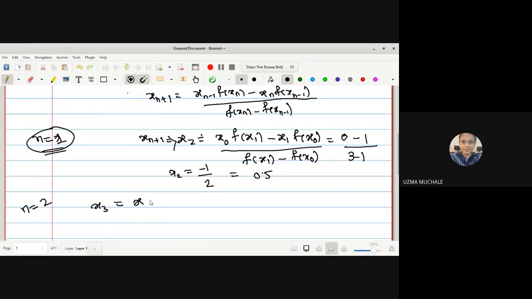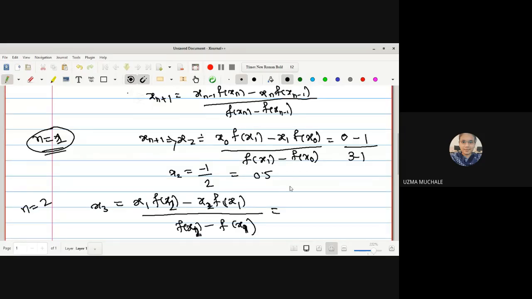So it is 2 minus 1, that is 1: x1 f(x2) minus x2 f(x1), divided by f(x2) minus f(x1). Now let us put in all those values.